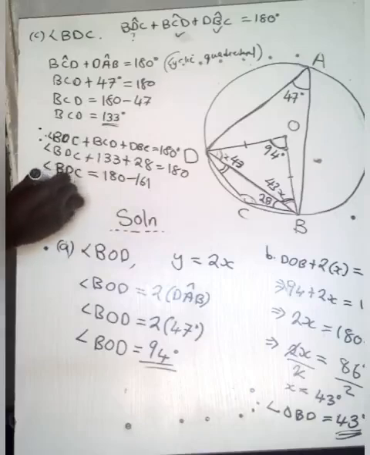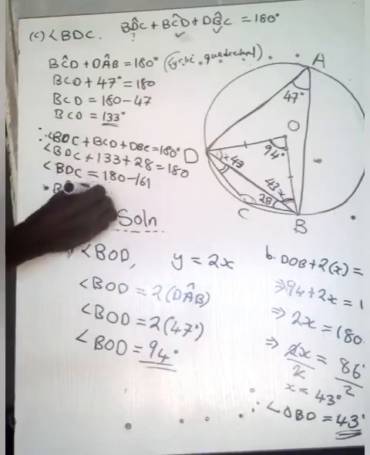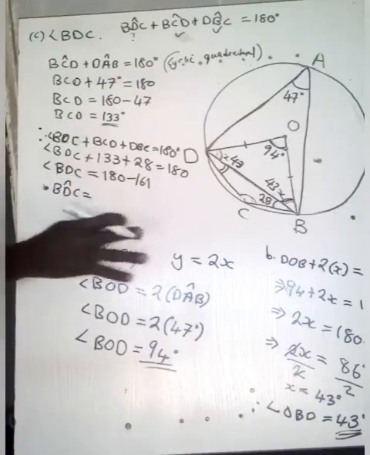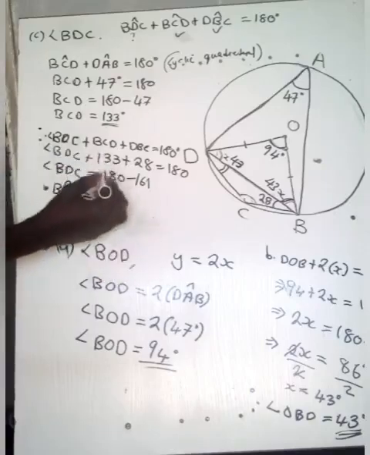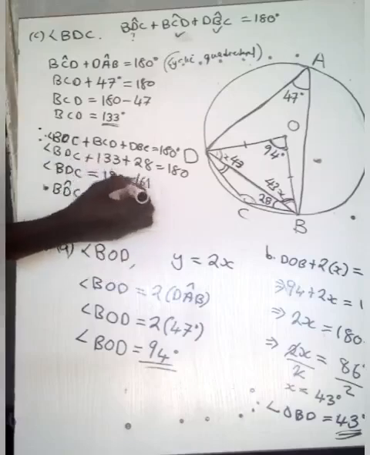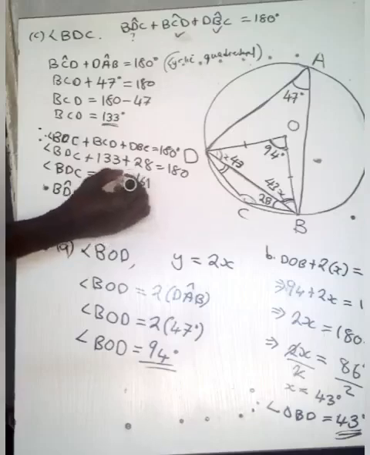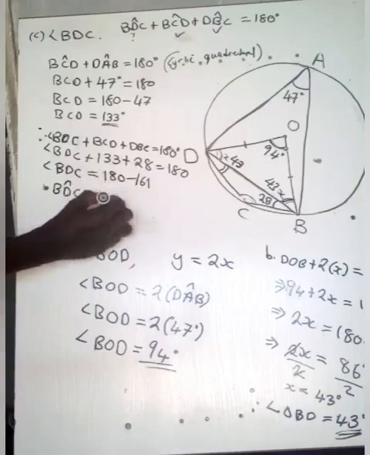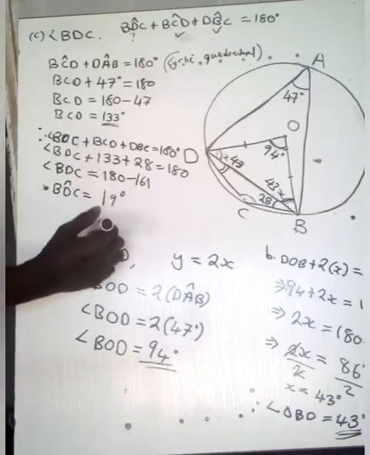That gives us 161. And what is BDC? BDC will be equal to 180 minus 161. So this minus this will give me 19. So my BDC is equal to 19.